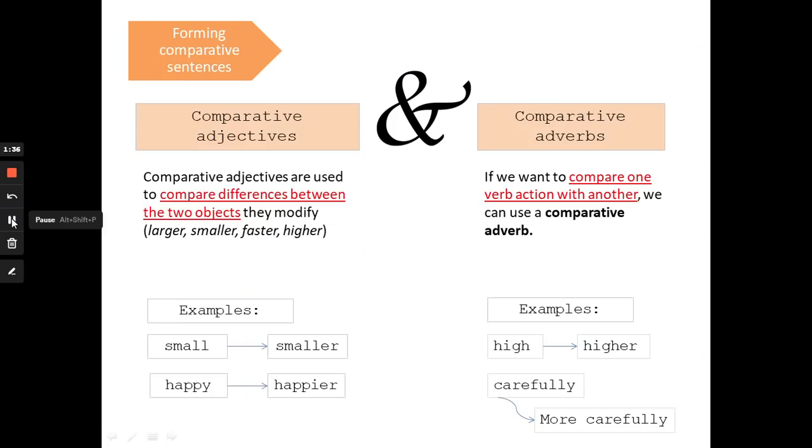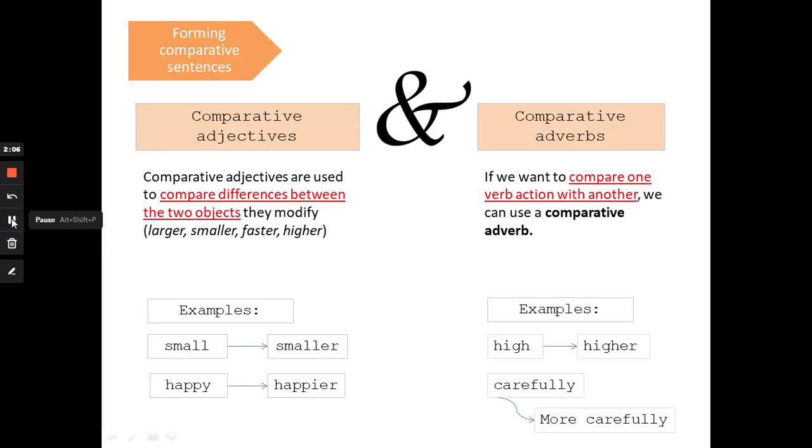In order to form comparative sentences, you will see here comparative adjectives and comparative adverbs. Comparative adjectives are used to compare differences between the two objects they modify. For example, if you have the adjective small, then it will be smaller as a comparative adjective. If you have happy, then it becomes happier, right?